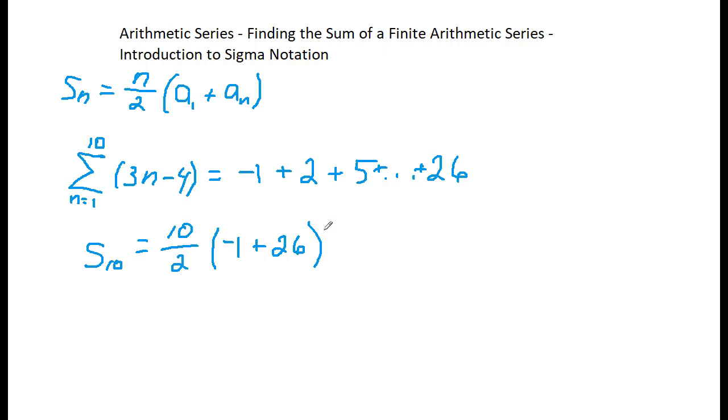So I have S sub 10 equals 10 divided by 2, which is 5, times 25. 5 times 25 gives me 125. So that means the sum of all 10 of those numbers adds up to 125.